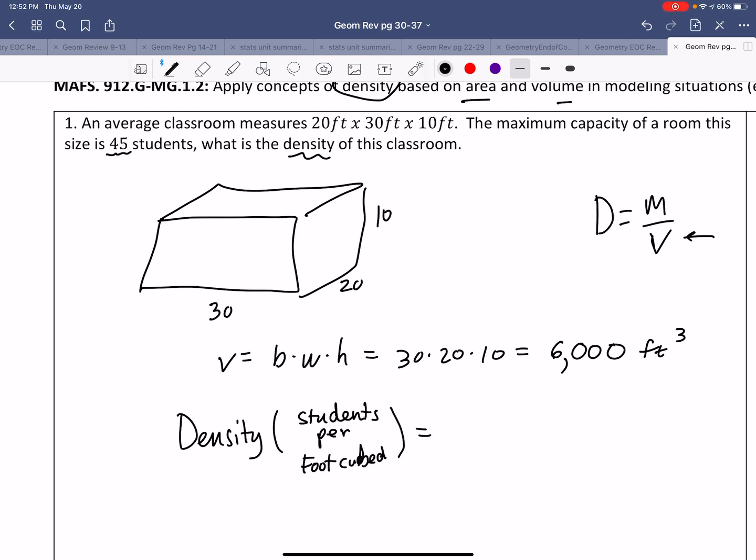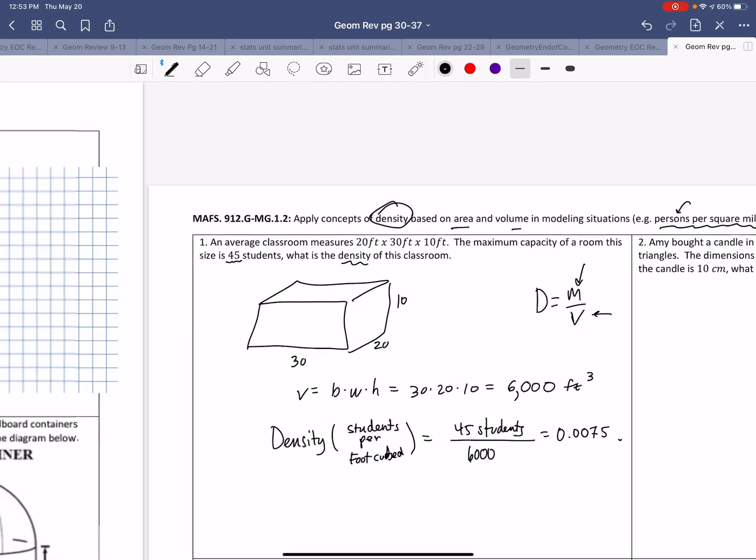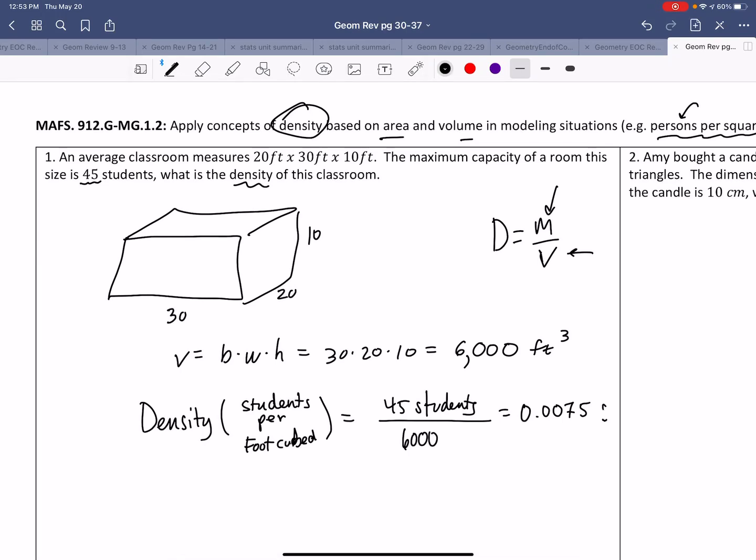So I'm going to do 45 students over the volume. And I'm going to come up with an answer. 45 divided by 6,000, we get 0.0075. And again, my label is in students per cubic foot.